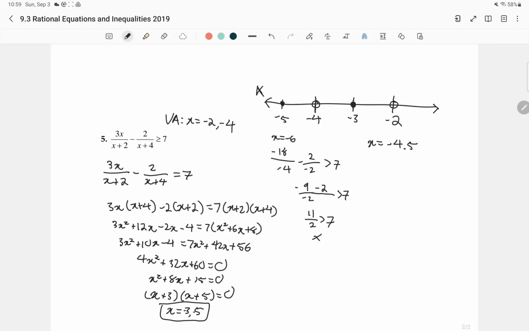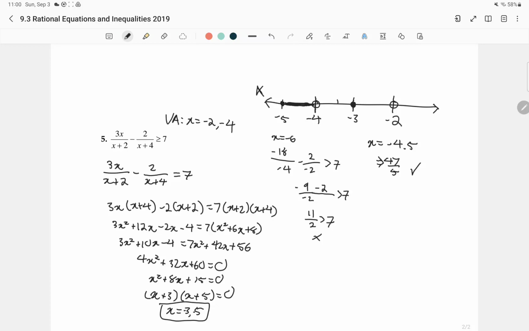And we'll actually just plug this straight into a calculator. So 3 times -4.5 and -4.5 plus 2 over -4.5 plus 4, and this is equal to 47 over 5, which is in fact greater than 7. So we know that in this interval we have it working.